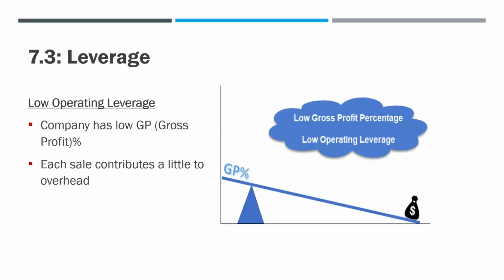So with low operating leverage, your company has low gross profit. You don't have a lot of money left over after just turning the product over. So you make up for that by selling mass quantities.